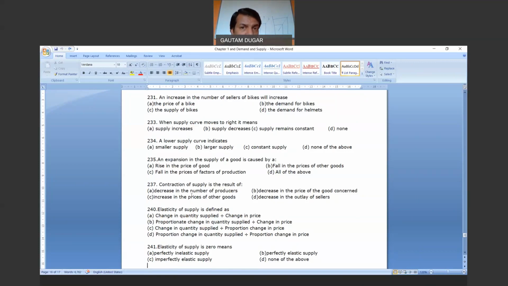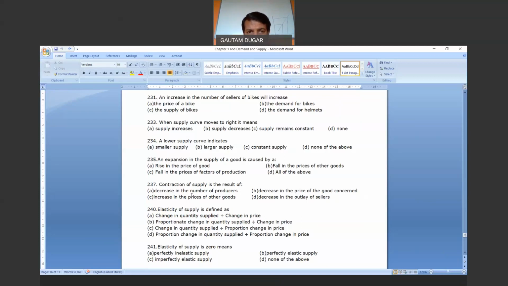It happens only because of a change in factors other than price. So, if it is a rightward shift, that means increase in supply. Leftward shift means decrease in supply. But in this case, if we're moving upwards, it is expansion. Going downwards, that is contraction.